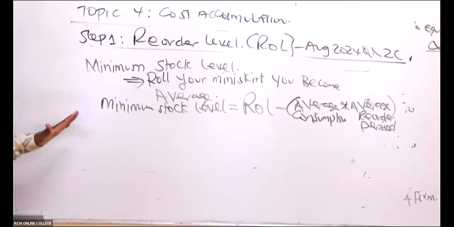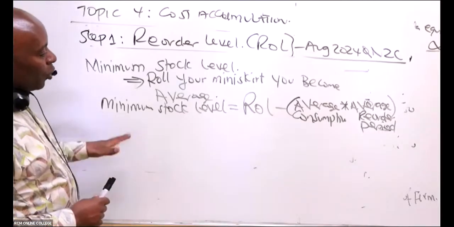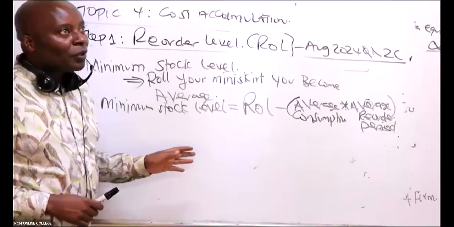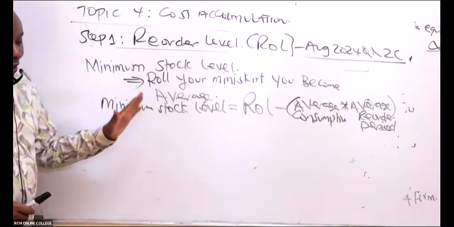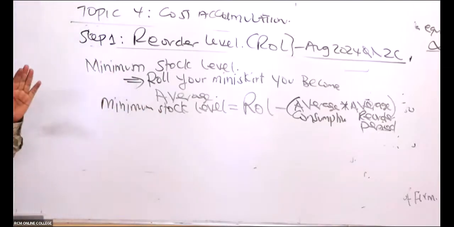So anytime they want us to give them minimum stock level, we always start with the reorder level minus average consumption times average reorder period. You'll never forget that.